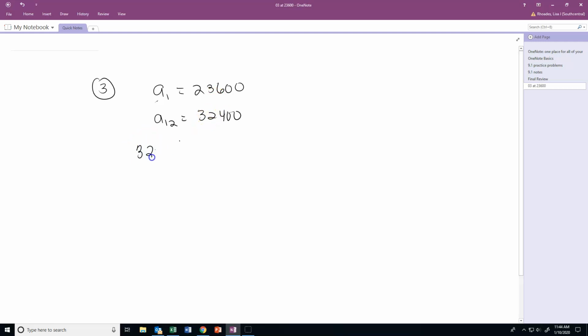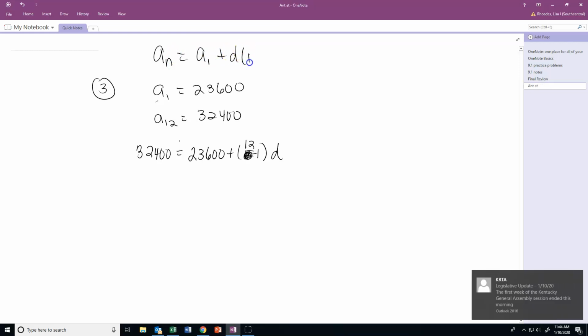So I'm going to take 32,400, set it equal to 23,600 plus n minus 1 times the common difference. Now n in this case we're going to let be 12, so this is actually going to be 12 minus 1. The formula that I'm using is an equals a1 plus d times n minus 1.